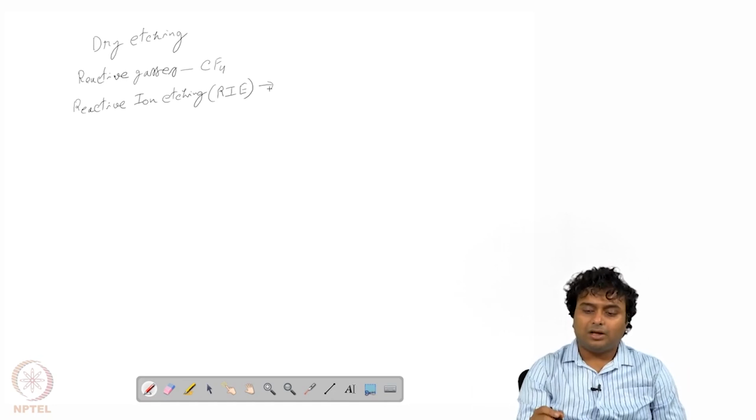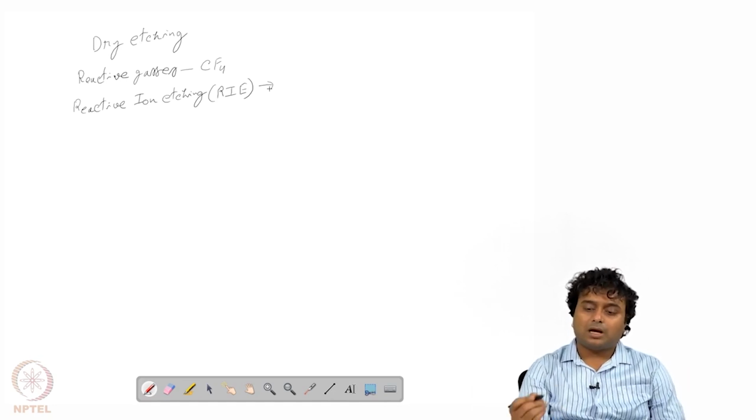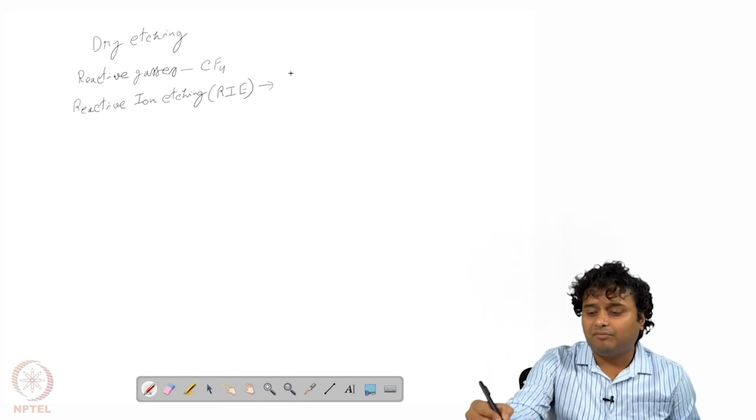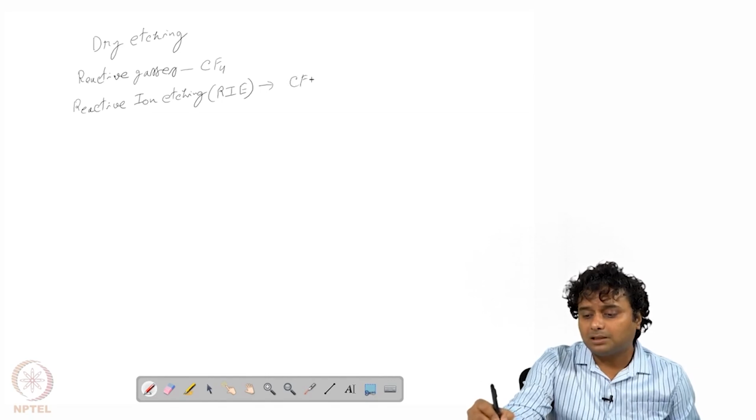So, in reactive ion etching, we use ionized CF4 gas, let us say. We use only CF4 or CF4 plus oxygen plasma.